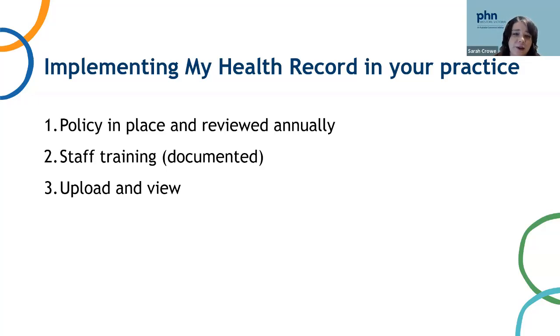That's from the Australian Digital Health Agency. So there are those e-learning modules that you can dedicate time to, and you can print off a certificate at the end and have that stored in your training register at the practice. So you need to do your staff training. And then 3, you actually need to upload and start using it. 3 easy steps: policy, train your staff or access the training yourself, and then start using it and uploading.